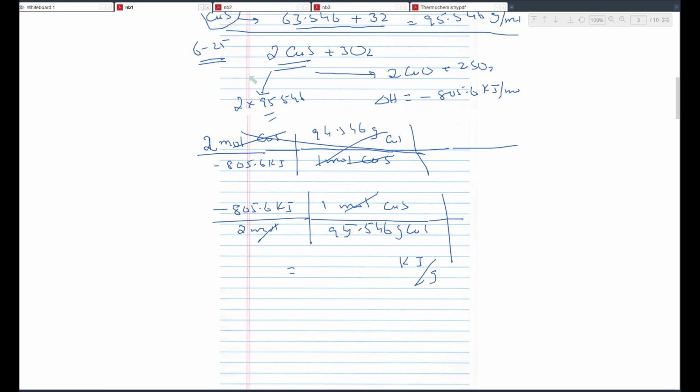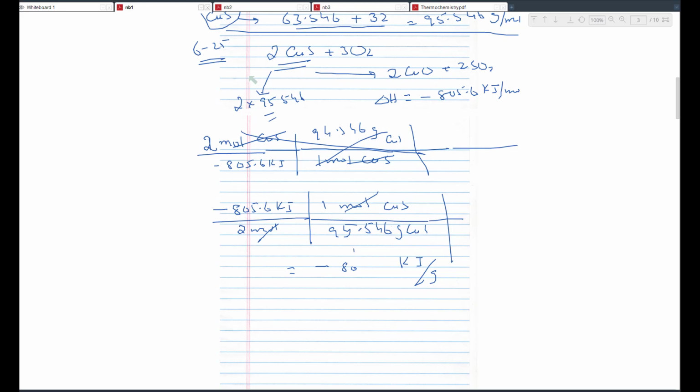You want me to do it out in the calculator? Yes. Negative 805.6 divided by 95.546. And just give 4 significant figures. What is your answer? For 4 sig figs, negative 8.432.